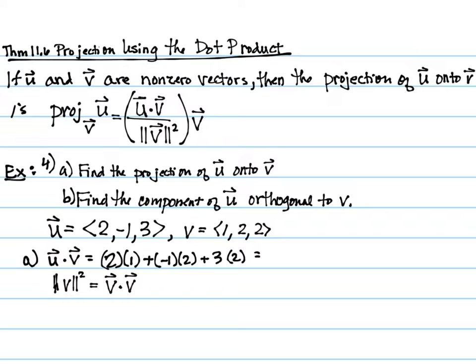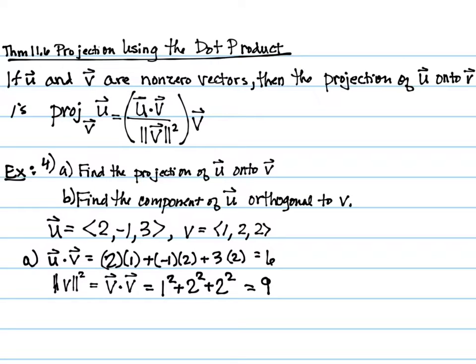What does that give us? 6, yep. Now we're going to do this with V, so we're going to square each component. So I have 1 squared plus 2 squared plus 2 squared, which gives me 9.